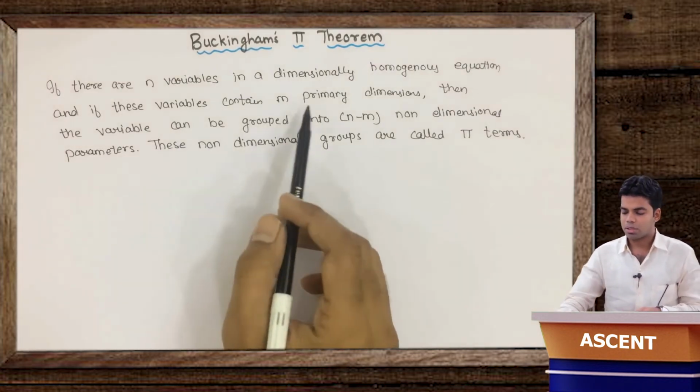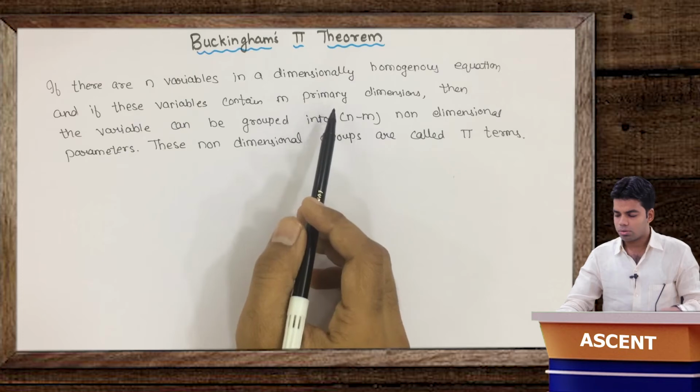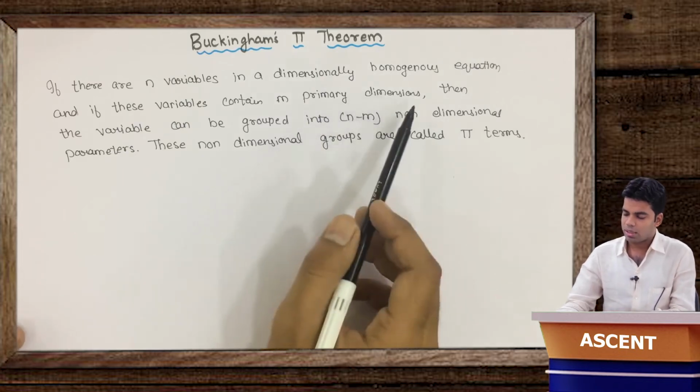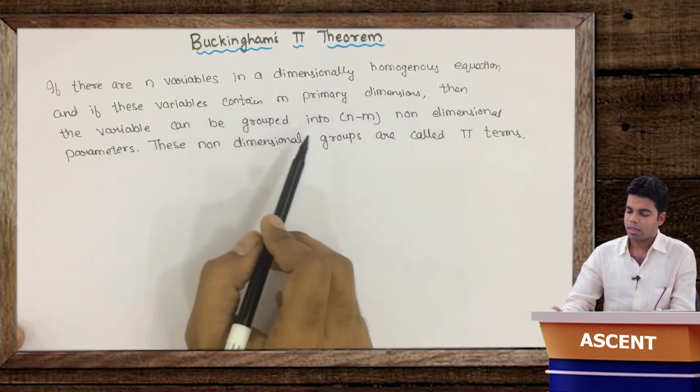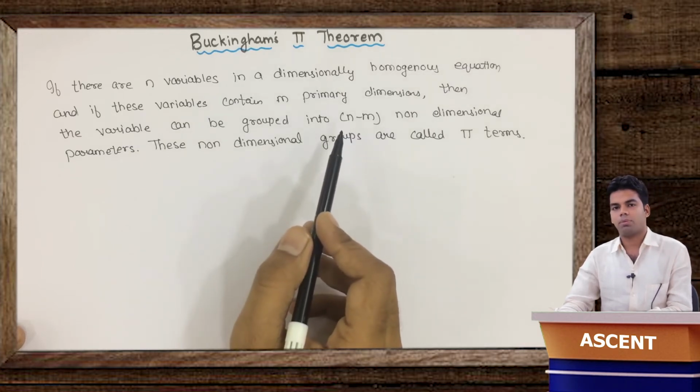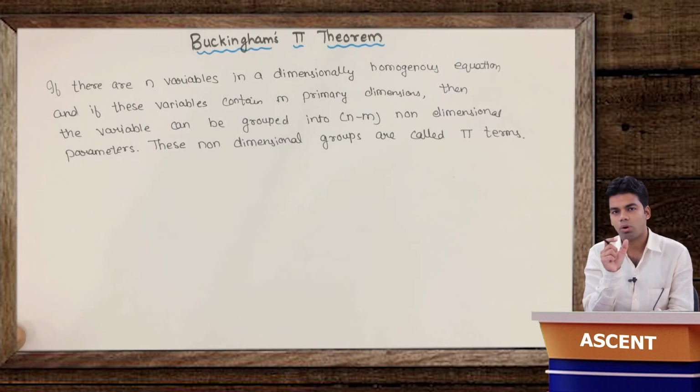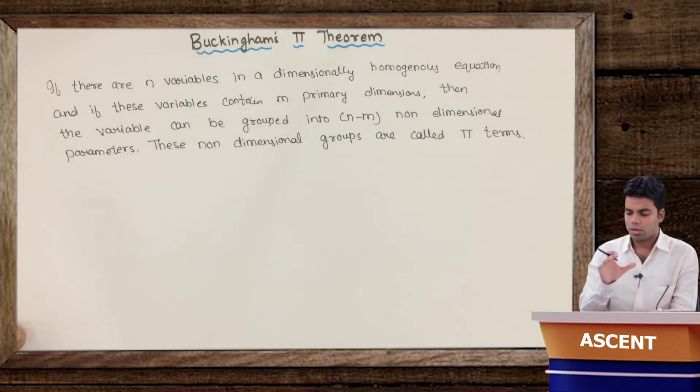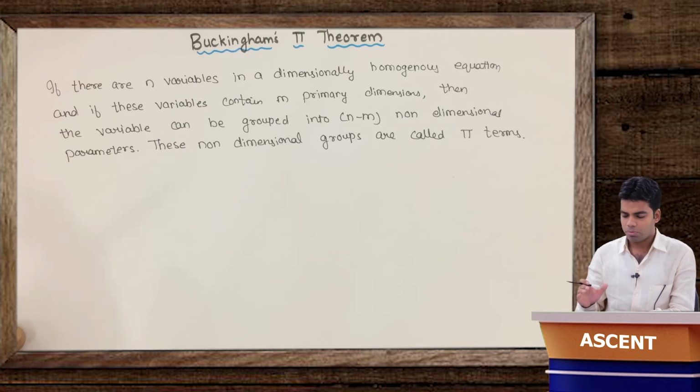Okay, so primary dimensions are generally 3. So what it is saying is that the total variables can be grouped into n minus m non-dimensional parameters. Those non-dimensional parameters are called pi terms.